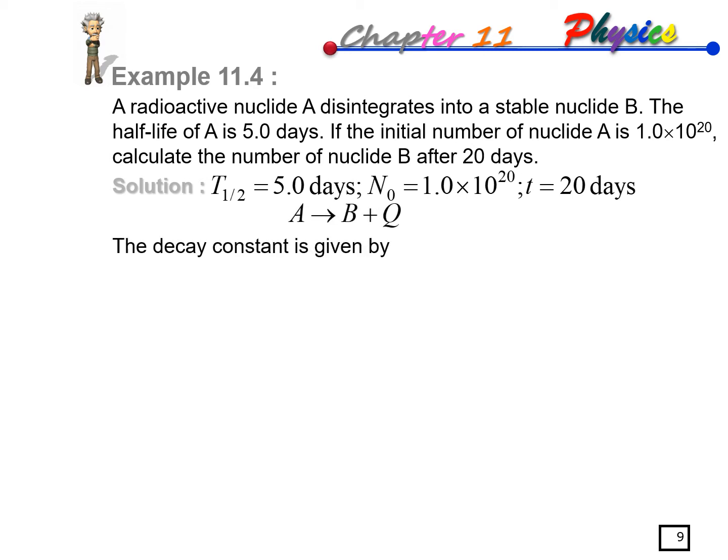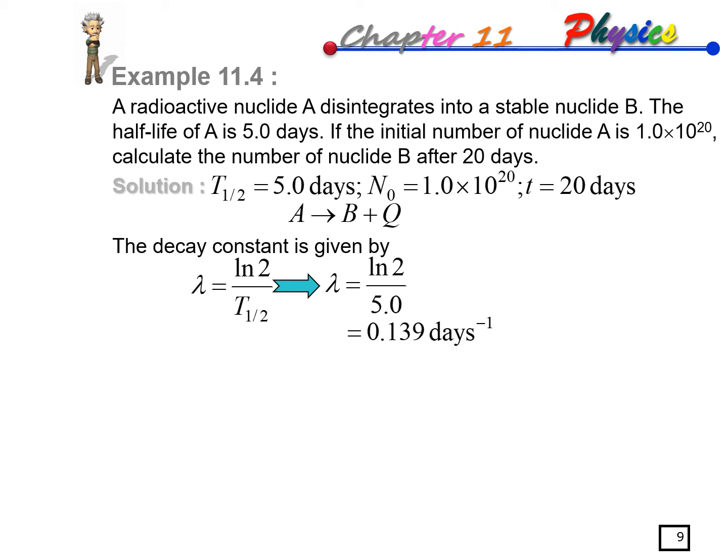Substance A disintegrates and becomes B, and it releases energy. To determine the decay constant, we are already given the half-life value. Applying it in this equation, we end up with 0.139 per day.